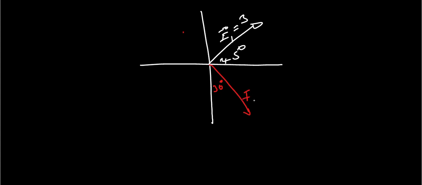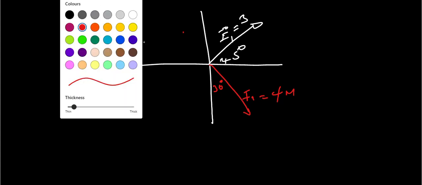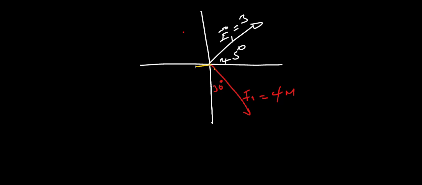But here, it has the magnitude of 4 Newton. And then you also have another one here. This one, remember, this F2 is supposed to be F2, and then F3 here has the magnitude of 7 Newton.